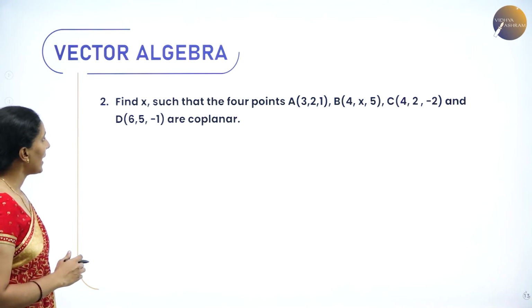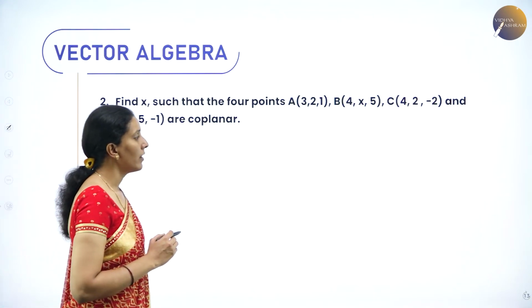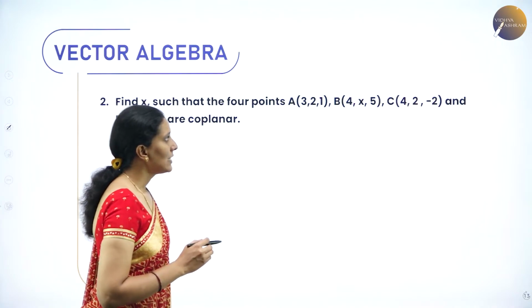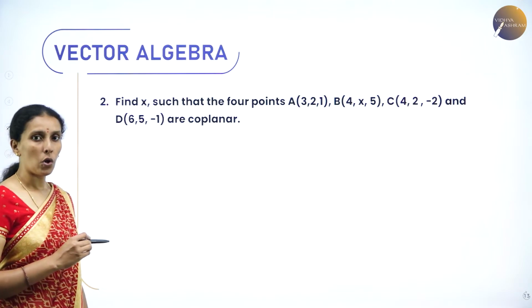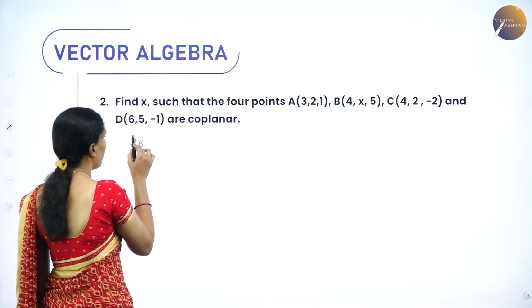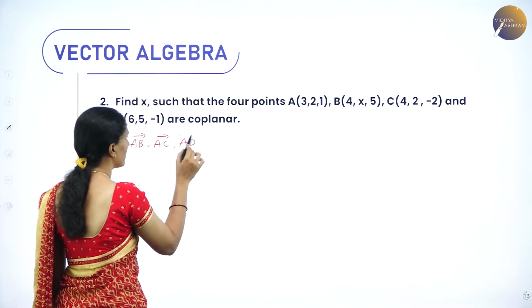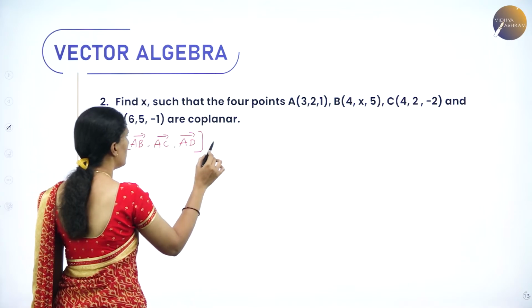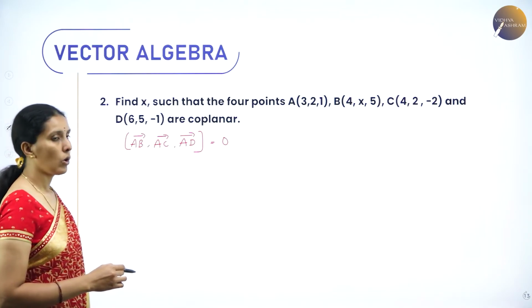Next, find x such that the 4 points A (3, 2, 1), B (4, x, 5), C (4, 2, -2) and D (6, 5, -1) are coplanar. So we know that we can write [AB, AC, AD] is equal to 0 because it is given that the points are coplanar.